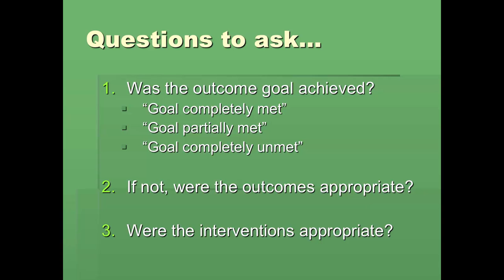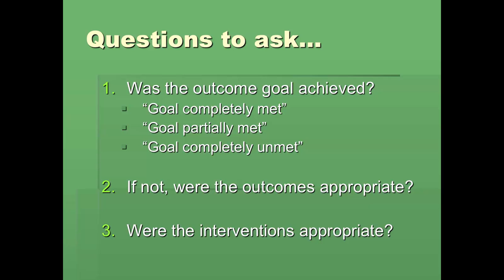So we would be staging that outcome out. Maybe the problem is not with the outcomes, but the interventions were not appropriate. Or maybe those interventions weren't realistic. So we may find that maybe the outcomes were appropriate and the interventions were appropriate, but we just need to continue things a little longer in order to achieve our outcome. Or maybe we need alternative interventions.